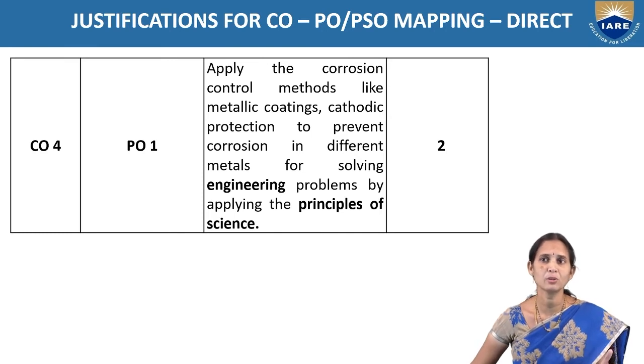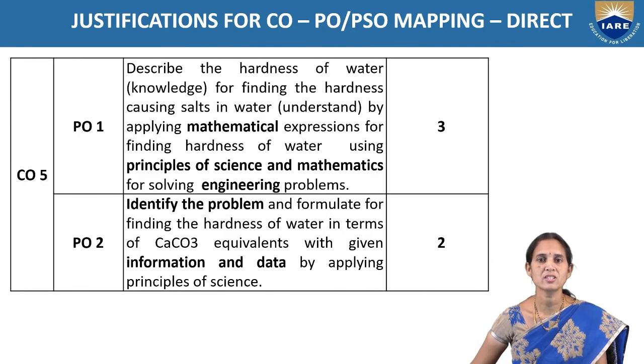So there are different control methods like metallic coatings, that is surface coatings, cathodic protection to prevent corrosion in different metals for solving engineering problems by applying the principles of science. So here we are taking PO1 only, number of vital features 2, because here also students will gain the knowledge and they will understand how we can protect the metals without undergoing corrosion by taking here different methods like metallic coatings and cathodic protection.